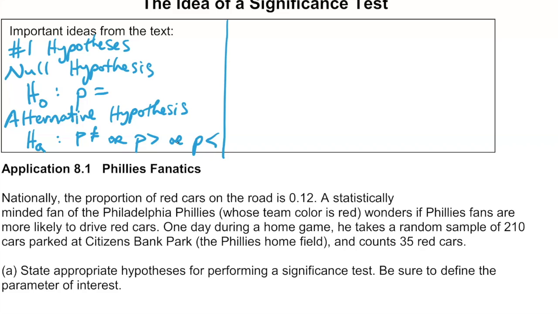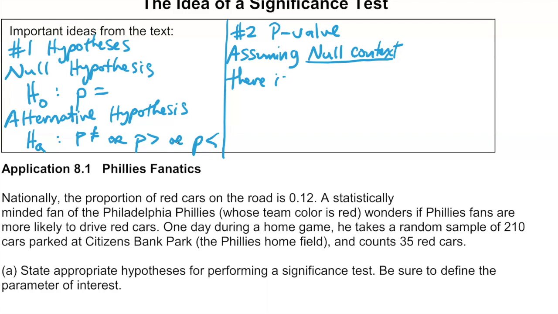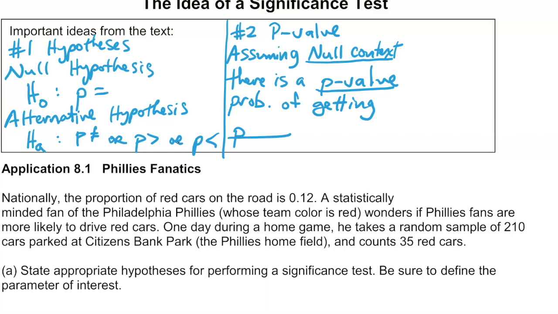Number 2, this p-value. So here's how you interpret it. You say, assuming the null hypothesis context, I'll go back and I'll read this for the coin problem we just did, there is a, whatever the p-value is, probability of getting either, if it's a proportion, the p hat value.